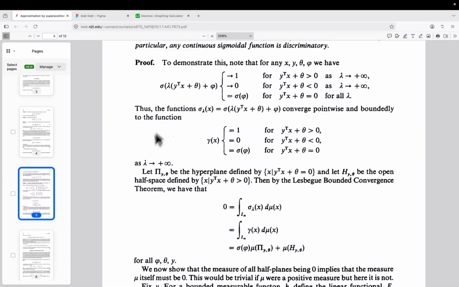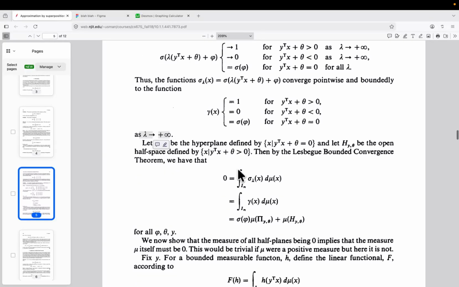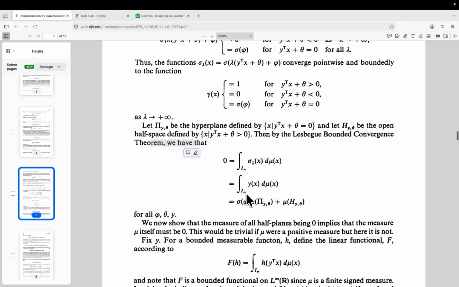As lambda goes to plus infinity, if this property is true, it's entirely true. We believe that. Let P, uppercase P, be the hyperplane defined by this thing, and let H be the open half space defined by it. By this convergence theorem, we have that.